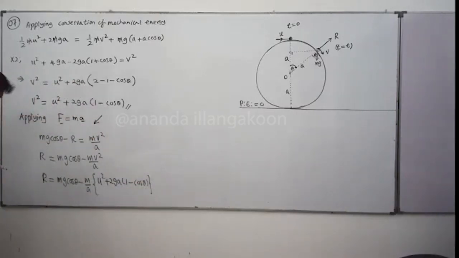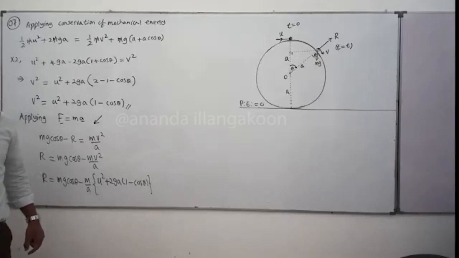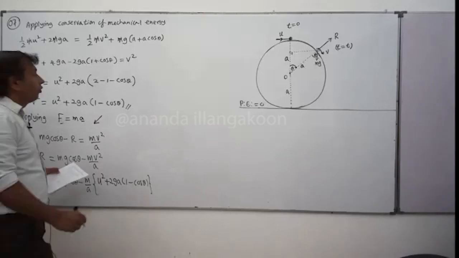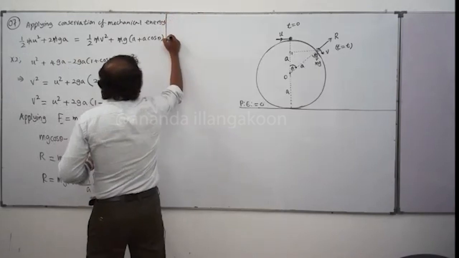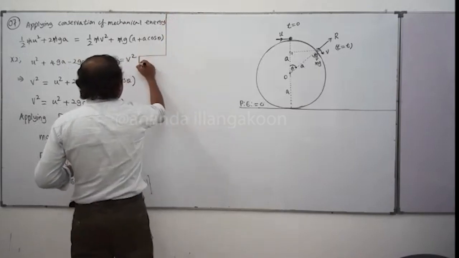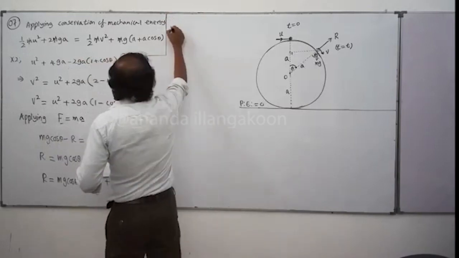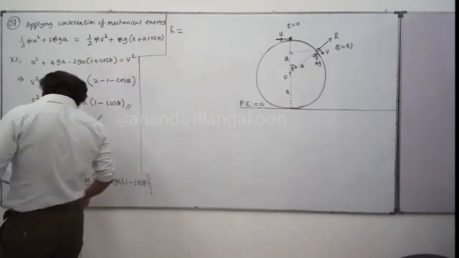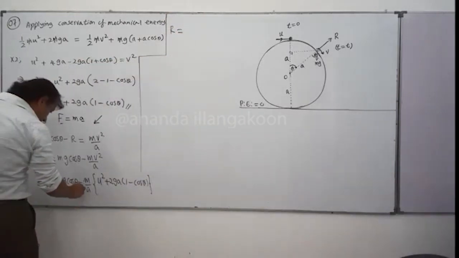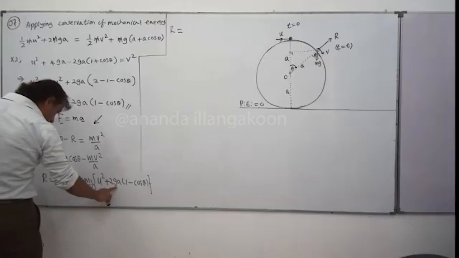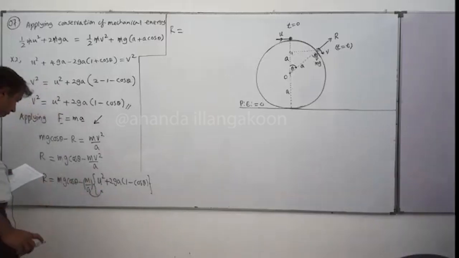When you simplify this, R equals, remove the bracket by multiplying this m by a here, and a and a you can cancel down, mg cos theta.